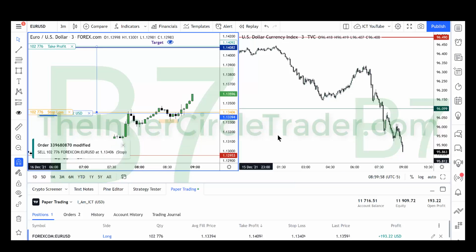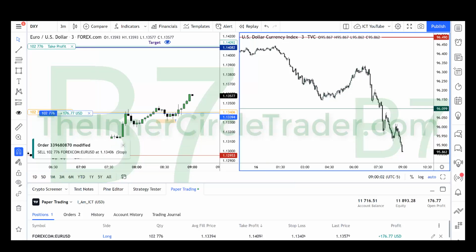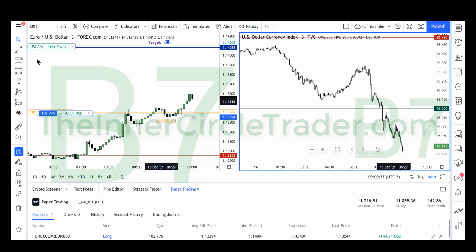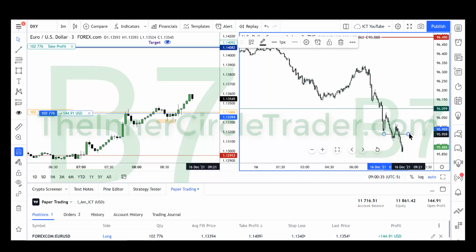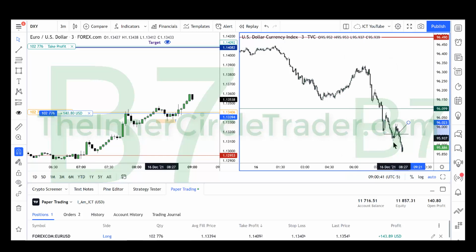So now I'm going to show you how to manage this, assuming that you don't want to take any partials off. So you're holding it for everything, or collapsing it, if it turns around and shows you signs that you don't want to be in the trade anymore. I'm going to show you here with these lines on the dollar index. Let me clone these here and put them down on each respective swing low.